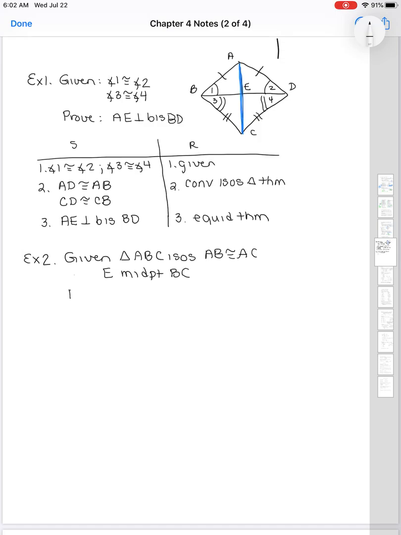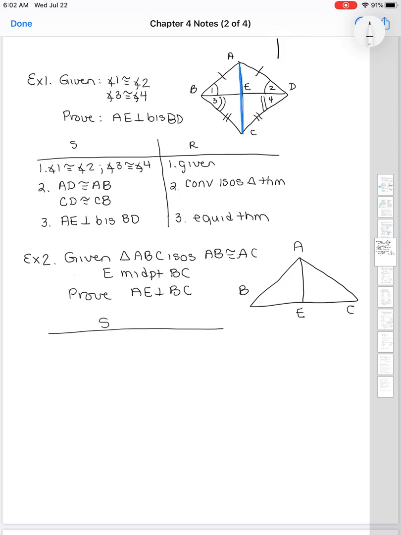All right, let's try another one here. Example 2. Given triangle ABC is isosceles, where AB is congruent to AC, so that's given. If it wasn't given, you'd have to state that. E is the midpoint of BC, and we're trying to prove that AE is perpendicular to BC.